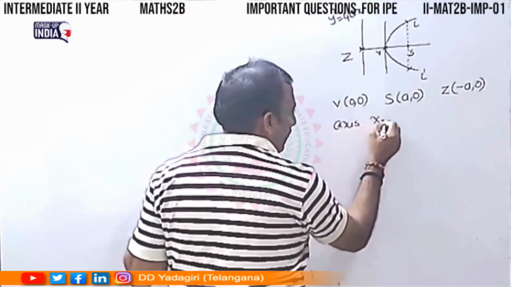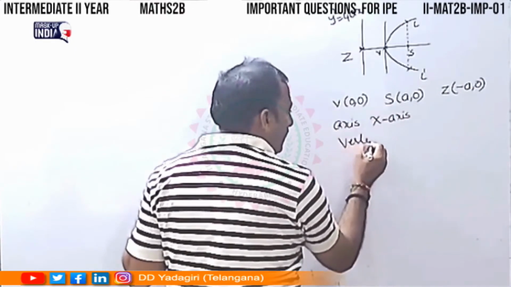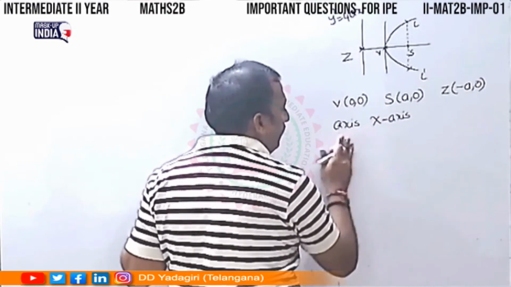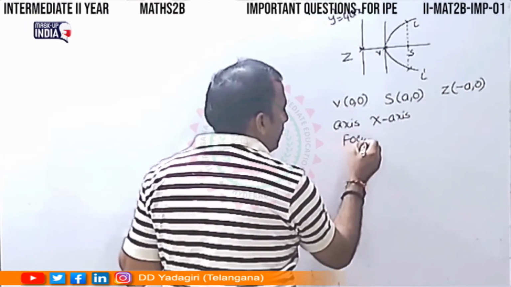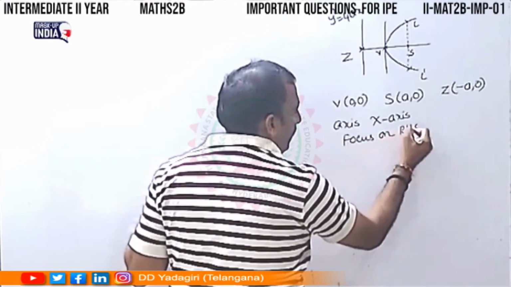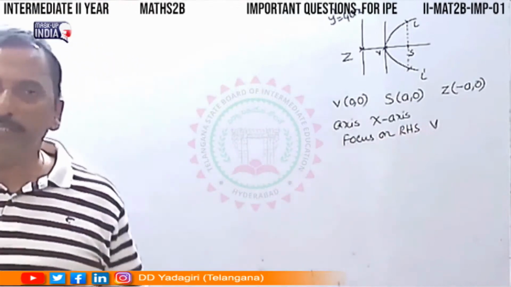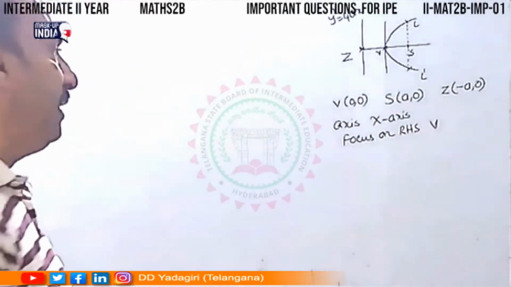Axis is the x-axis. The focus lies on the right hand side of the vertex.